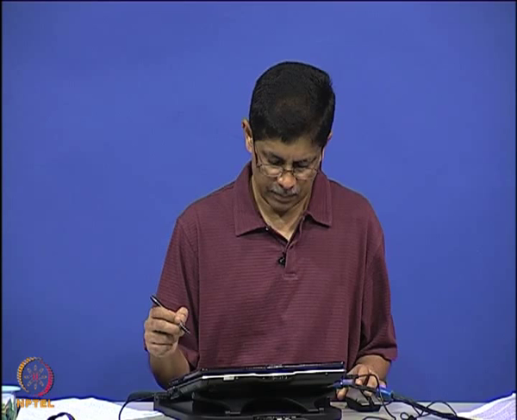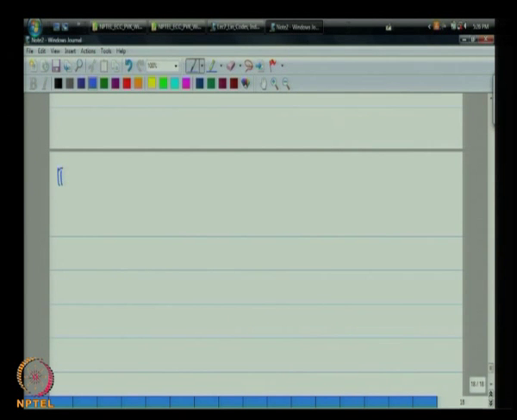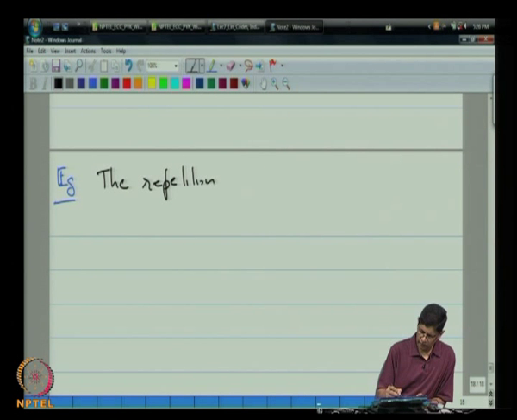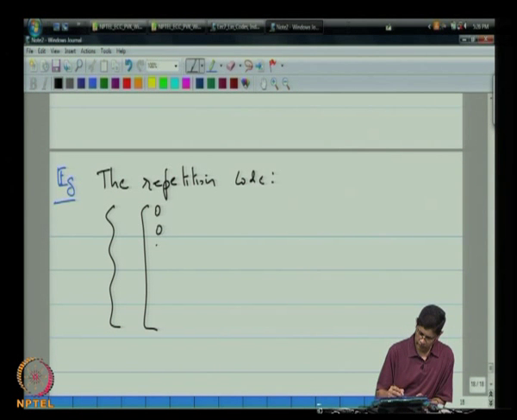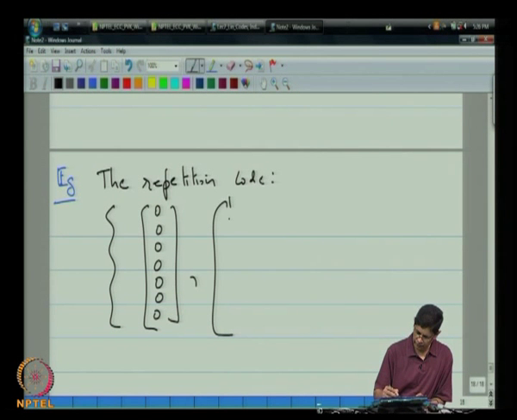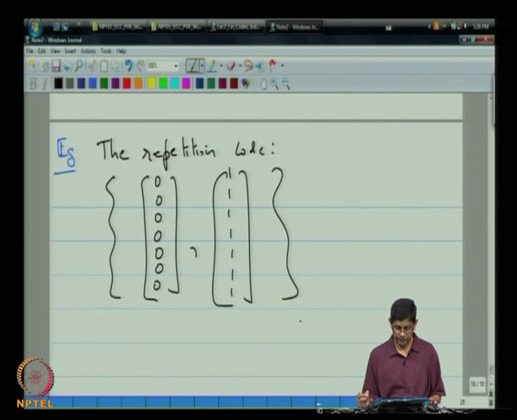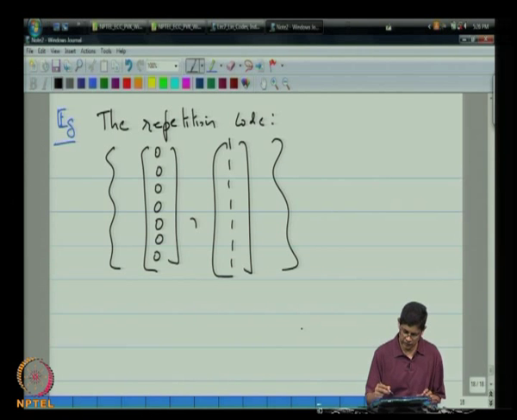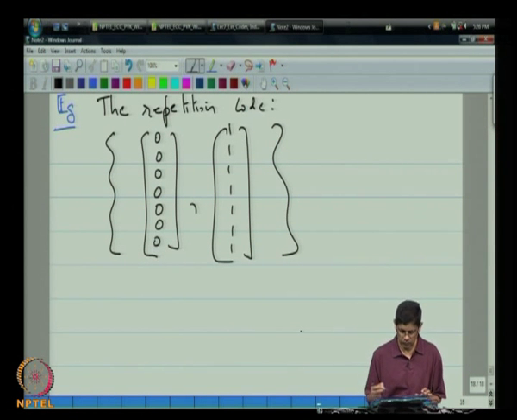Let us look at some examples. If we look at the repetition code, which simply consisted of the all 0 vector and the all 1 vector, now this is a subspace of F2 to the 7.